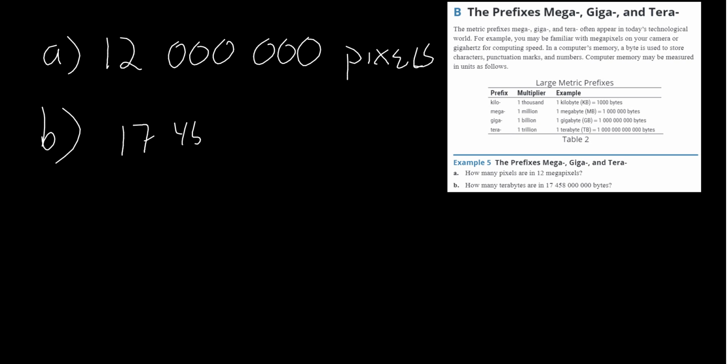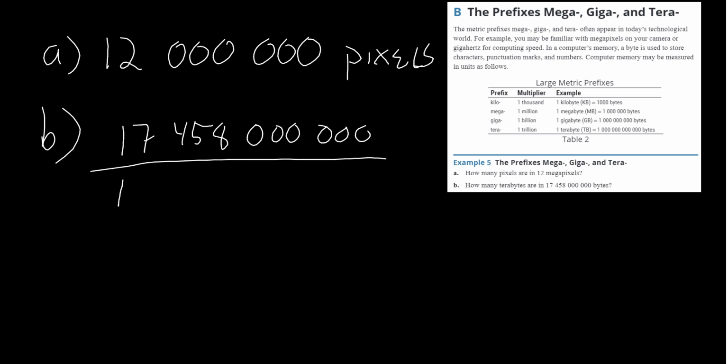17,458. That is billion, right? Yeah. 0, 0, 0, 0. And over a trillion. So we'd say 1, and then this is crazy. 1, 2, 3. That's billion, million, thousand. Wait, no. One more, sorry about that. 1, 2, 3, 4. 1, 2, 3.